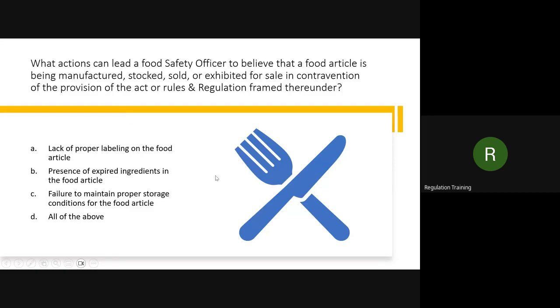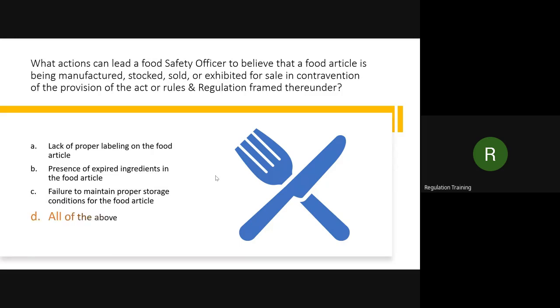Now they are saying that if a food safety officer is coming to your premises, then what will force them to take legal action against you? So correct answer is D.